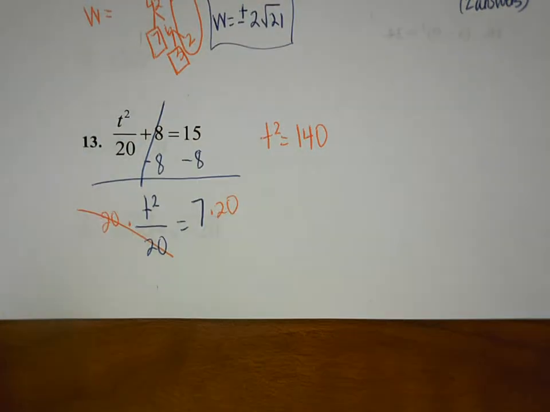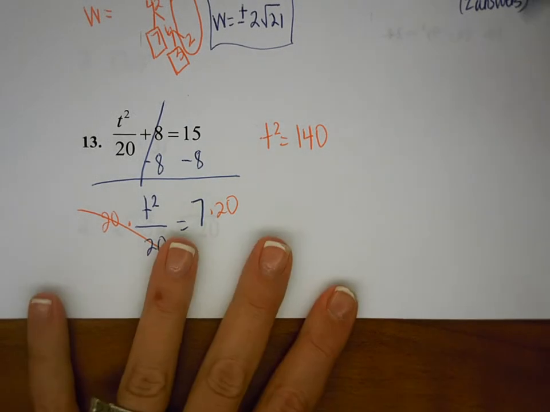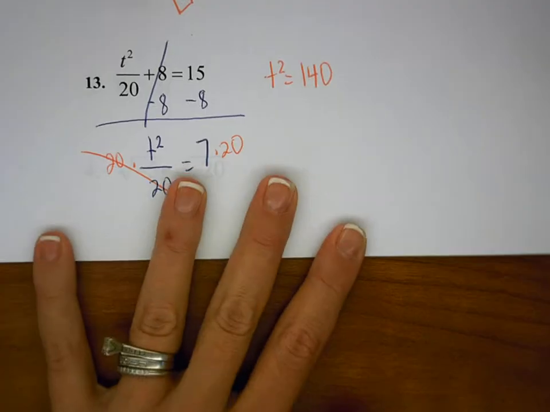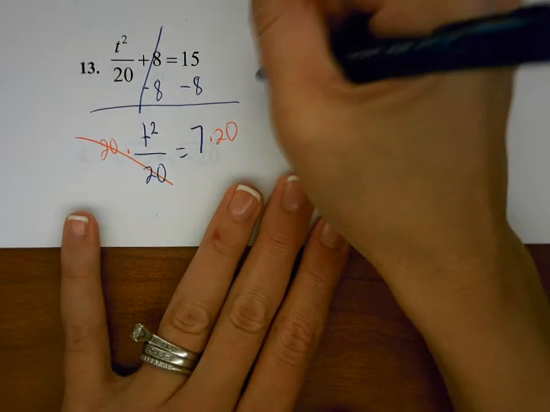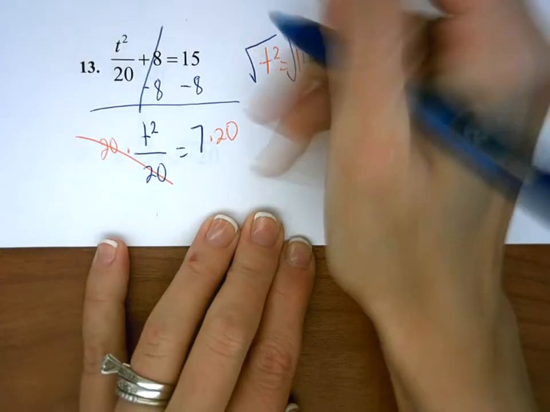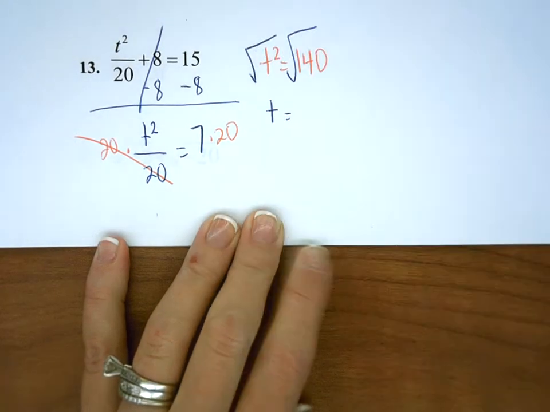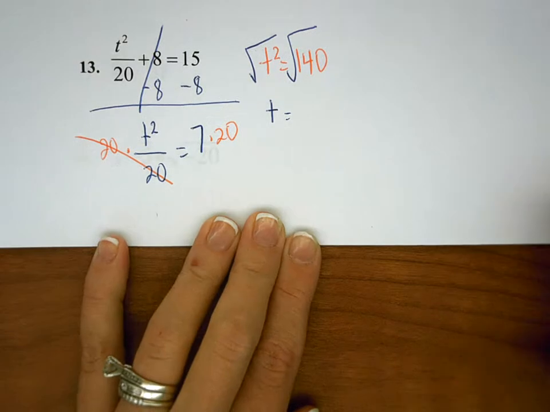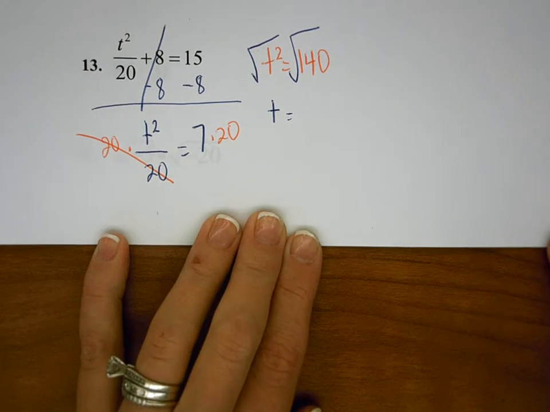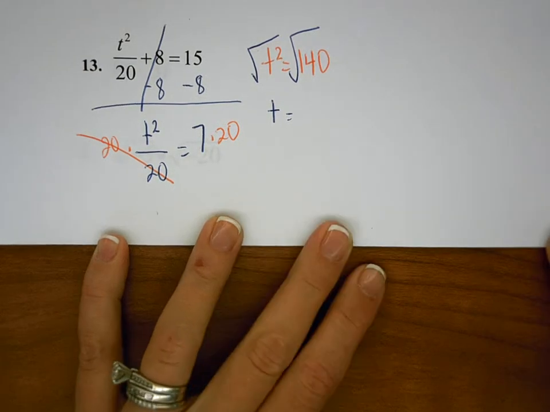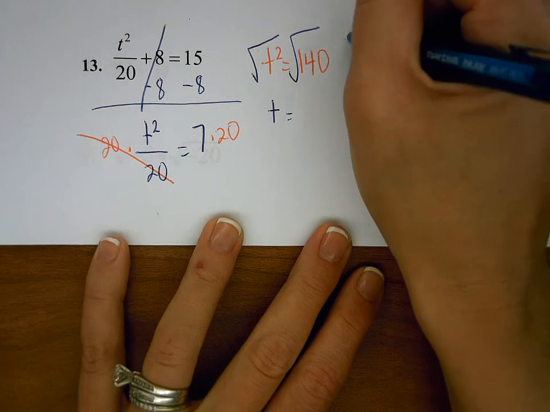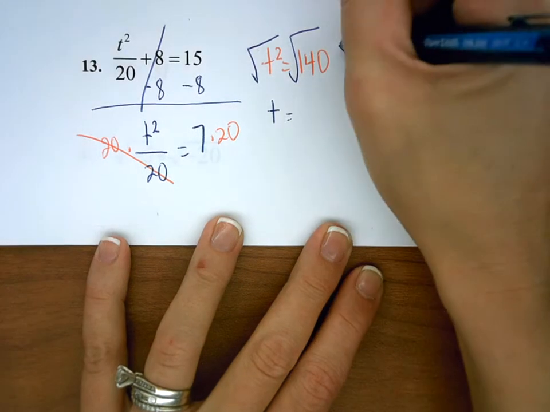So now that the square is by itself, what do I do? Exactly. We take the square root of both sides. So the square root of t squared is t, and then 140 we need to break down. So what numbers break down for 140? Okay, I'm going to choose 14 and 10.